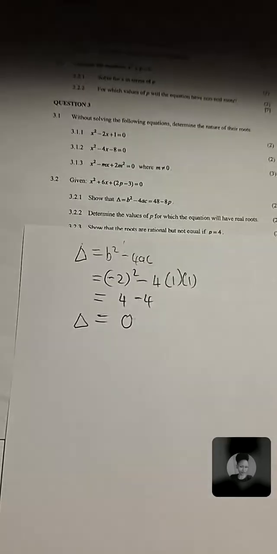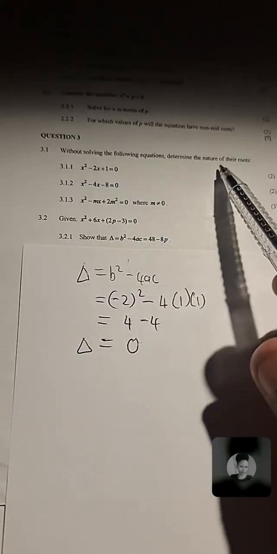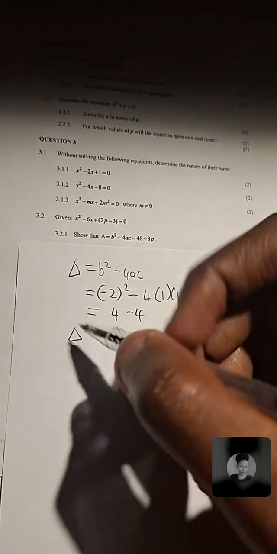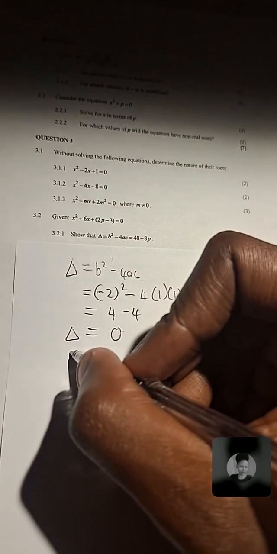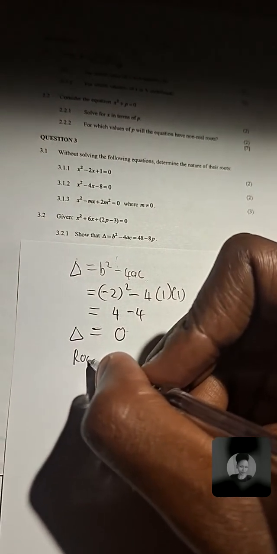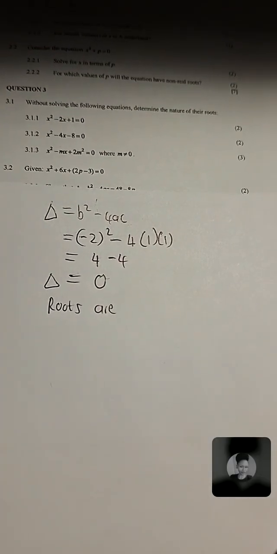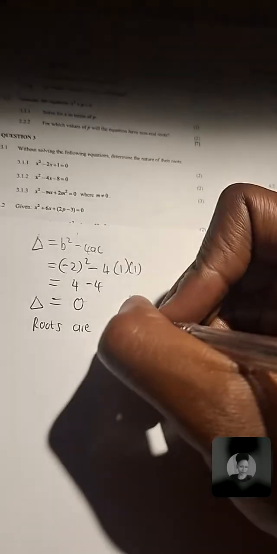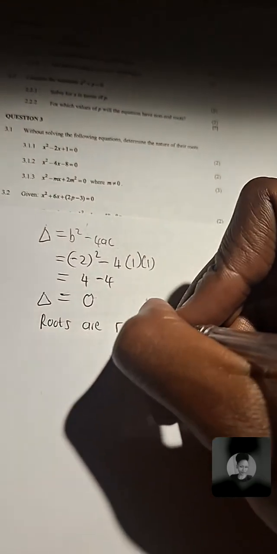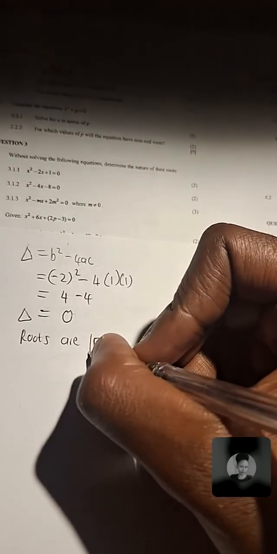Okay, then tell me about the roots, because I need the roots to determine the nature of roots. So what's the nature of the roots? That's the part I struggle with. I'm not sure. The roots are real. That's the first thing. Do you agree?